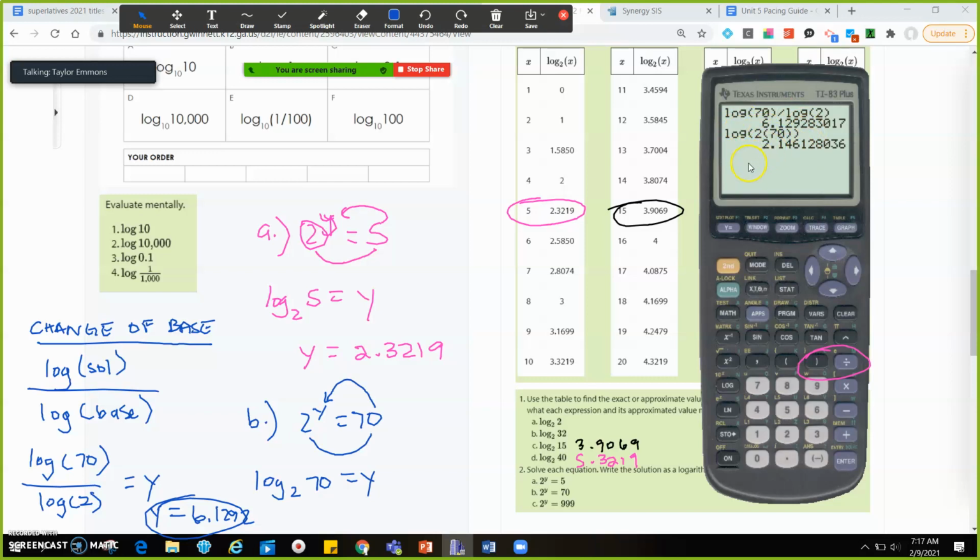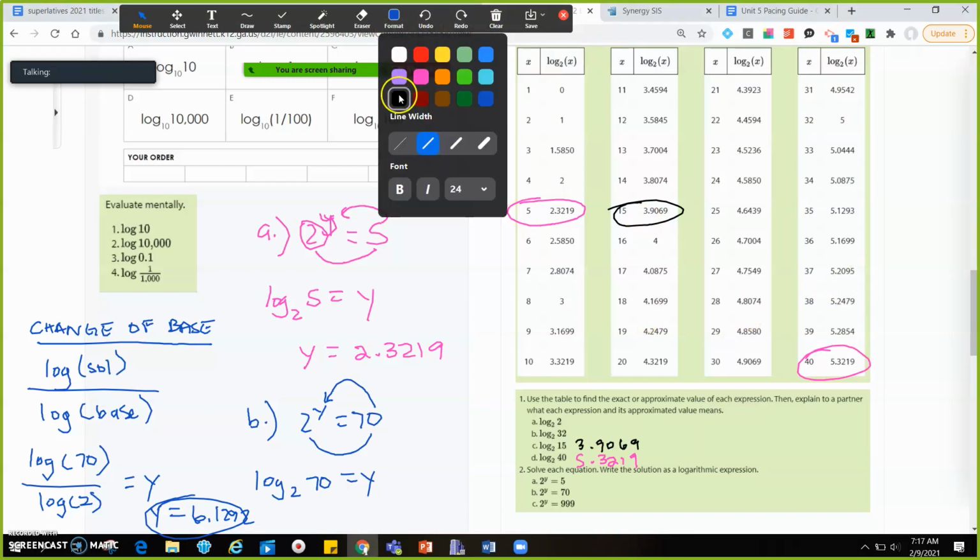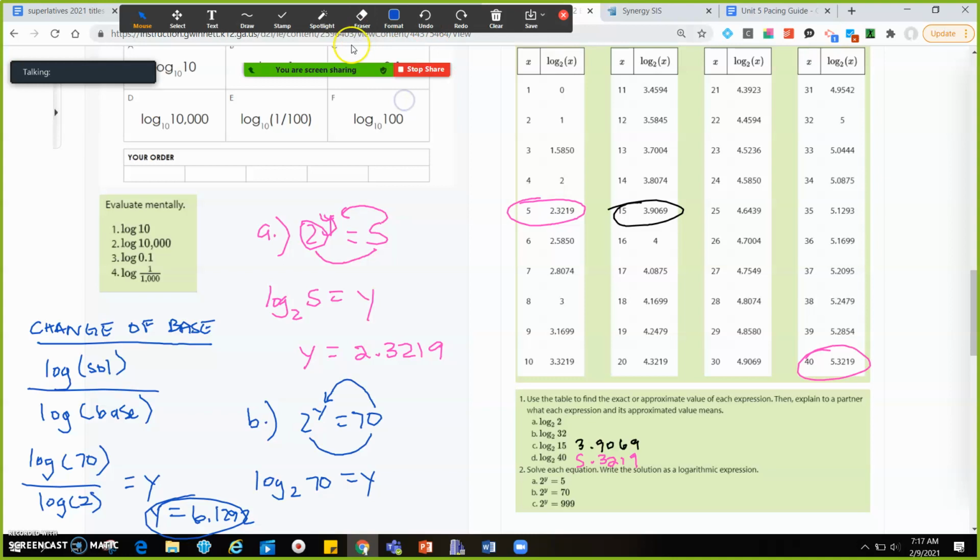Okay, so looking at the next one, we've got 2 to the Y equals 999. So we know that that's going to switch to log of base 2 of 999.